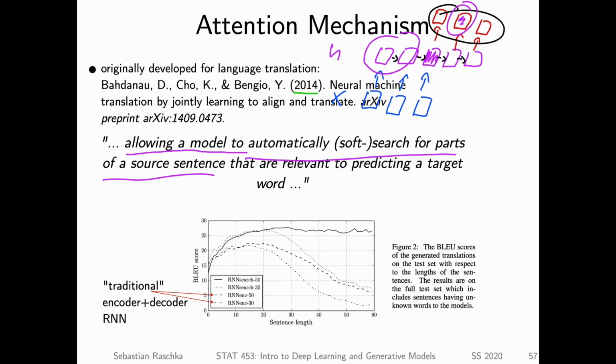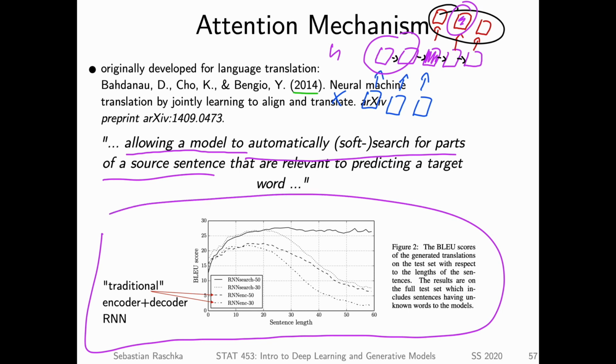Here at the bottom, this is just a screenshot from their paper. On the y-axis, they evaluate different RNNs with the so-called BLEU score. The BLEU score is just a scoring metric for evaluating how good a translation is. So you can think of a high BLEU score as good and a low BLEU score as bad.